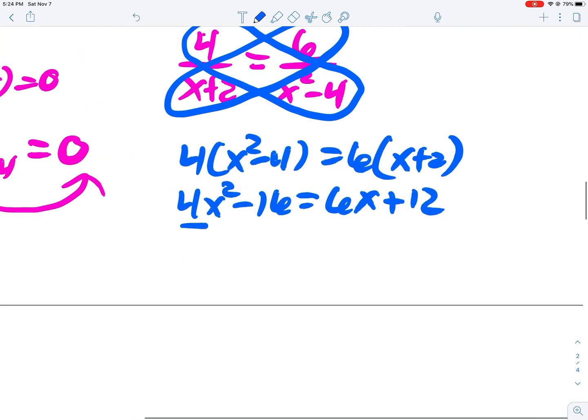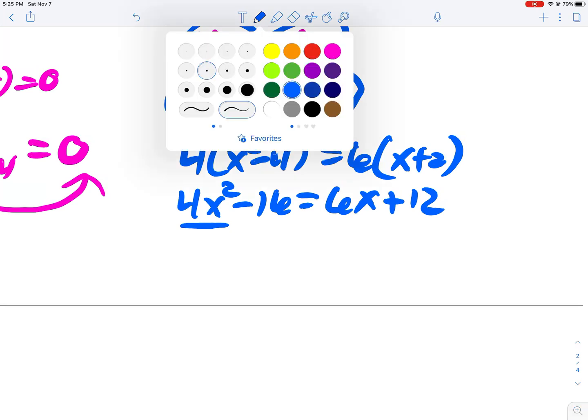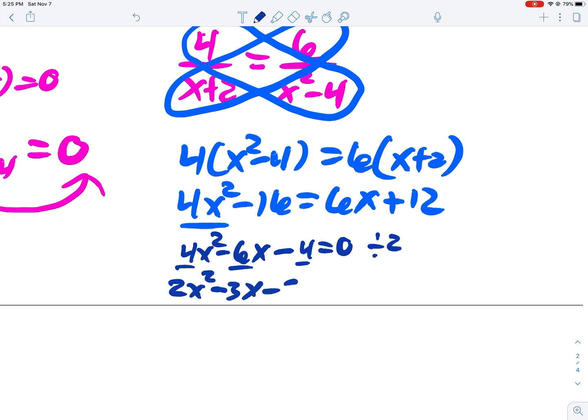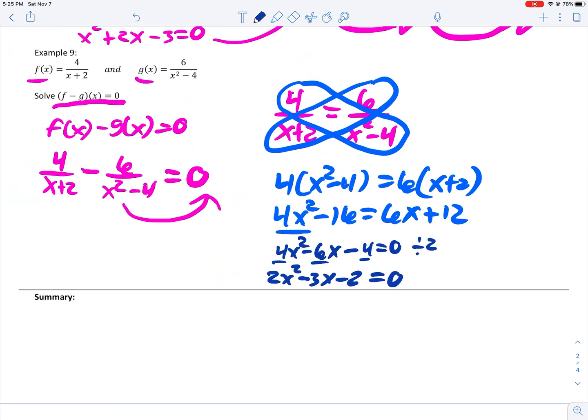Again, x squared. So I'm going to put everything on one side. So subtract the 6x. Add the 12. So you get minus 4 equals 0. Notice all three of those numbers are divisible by 2. So I'm going to divide by 2. So 2x squared minus 3x minus 2 equals 0. Now it creates something that I can hopefully factor.